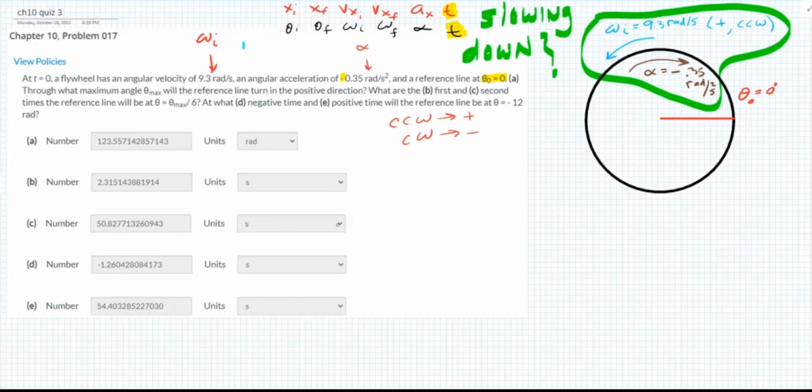So this is a job for kinematics. Number one, part A, let's list theta initial, theta final, omega initial, omega final, alpha, and t. And I know this is constant acceleration kinematics. This is part of the kinematics analysis method, and it's one of the very first questions you have to ask yourself.